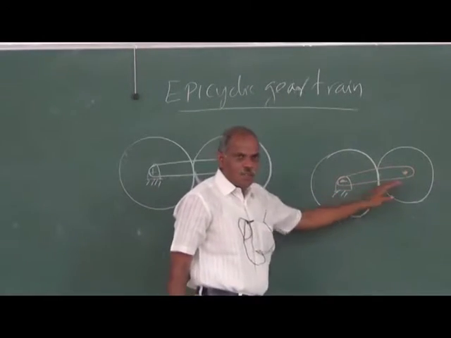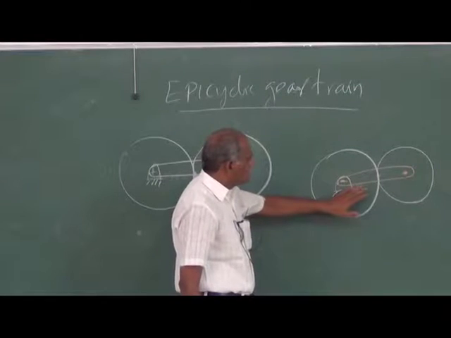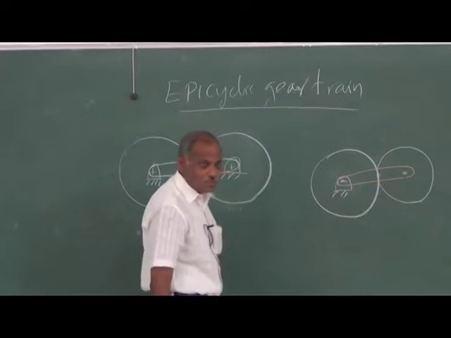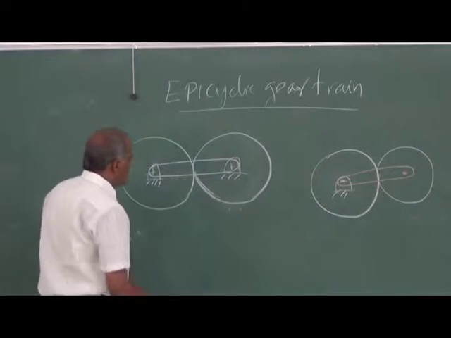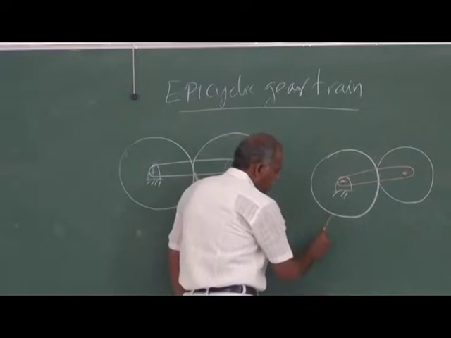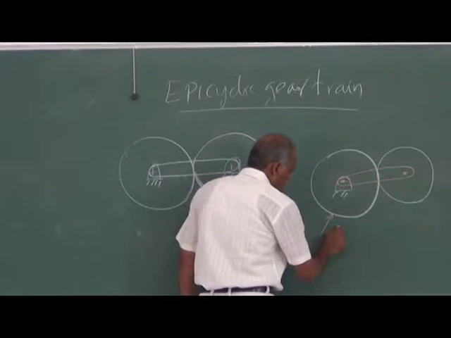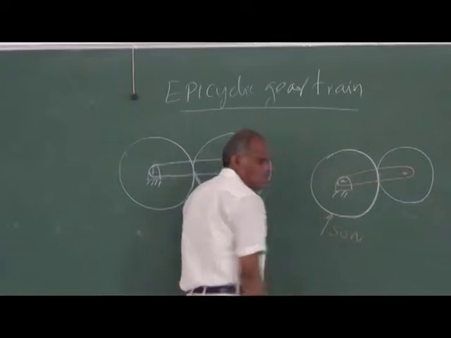Whereas in an epicyclic gear train, this connected thing is not fixed. So here we can give the names for this. This one is called a sun.